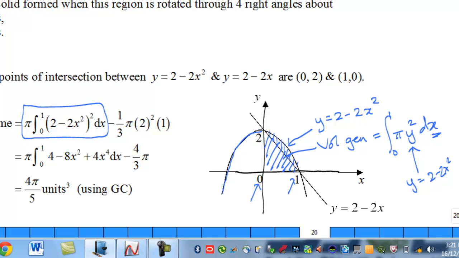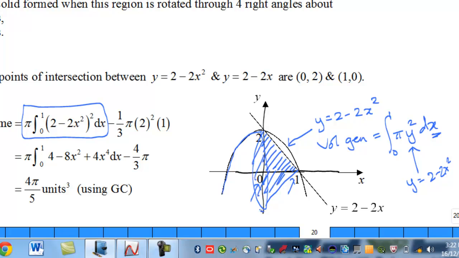So from this solid, we need to subtract the volume generated by revolving this triangle about the x-axis, which means that it gives us the cone. So we must subtract away the volume of this cone.